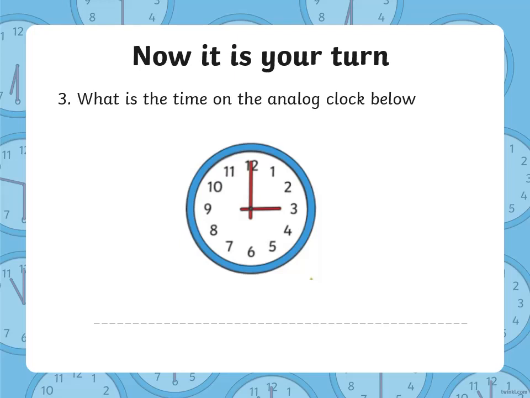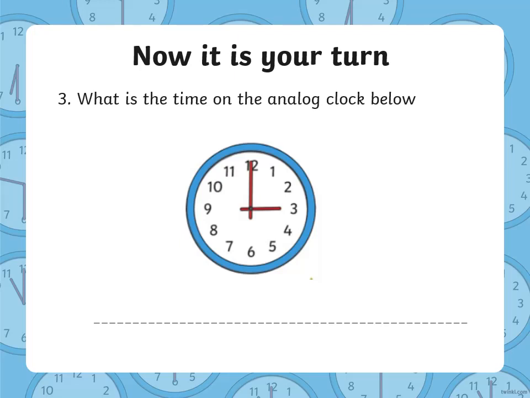Number 3, what is the time on the analog clock below? Okay, we've done a lot of practice with our half past, but we need to make sure that we really know our o'clock. Where does the minute hand point when it's o'clock? Have a think. Because if we're telling the time on the hour and there's 60 minutes in the hour, we should be able to work this out.